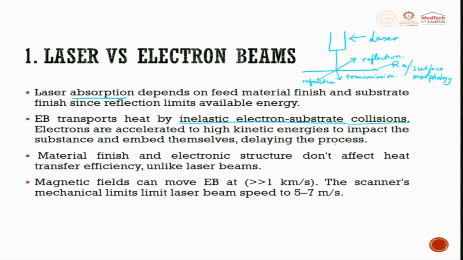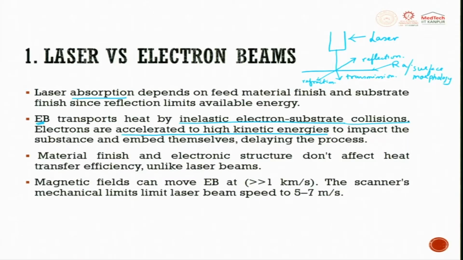The electron beam which comes tries to hit the surface. When it does, the electrons can be accelerated to higher kinetic energy by using electrical lenses, or electromagnetic lenses, or electric field lenses.